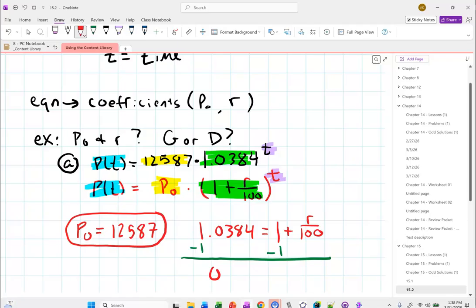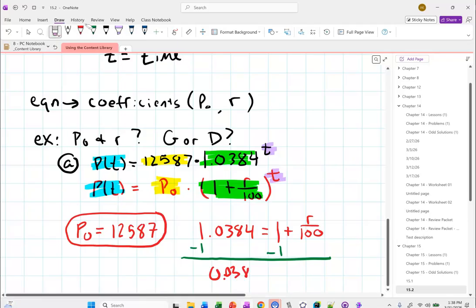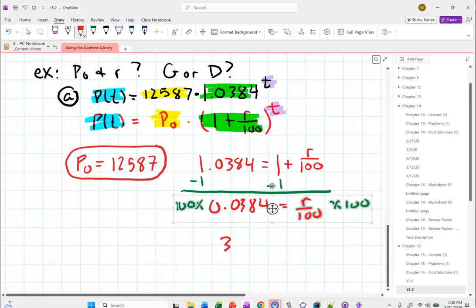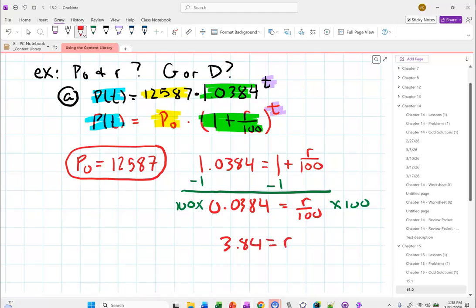So I subtract 1 from both sides. And then we'll multiply both sides by 100. And we get that R is 3.84%. And I should probably put a percent sign at the end there.